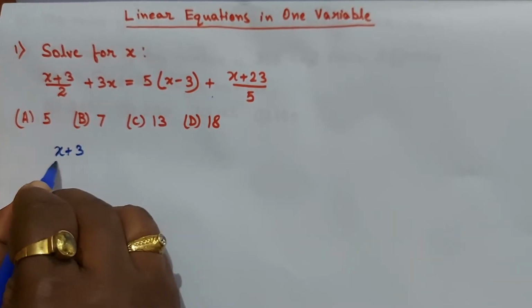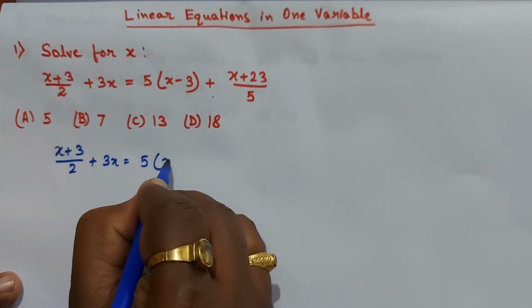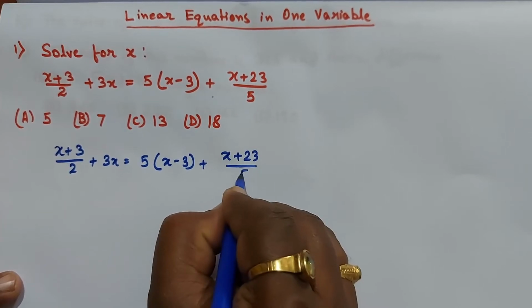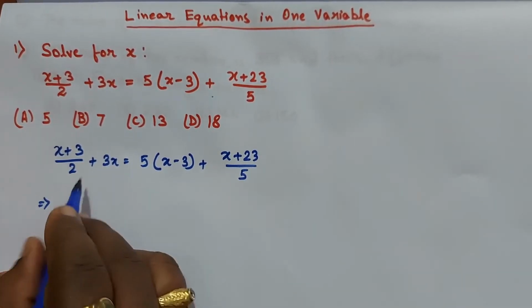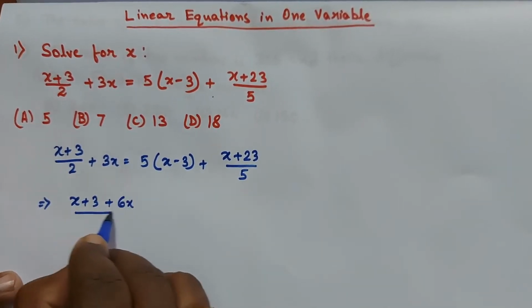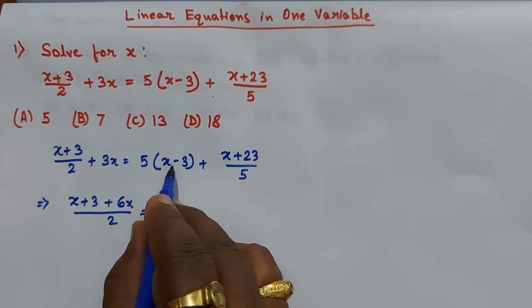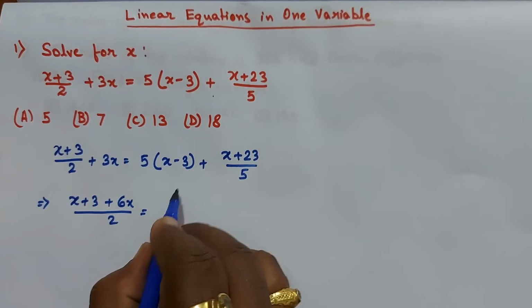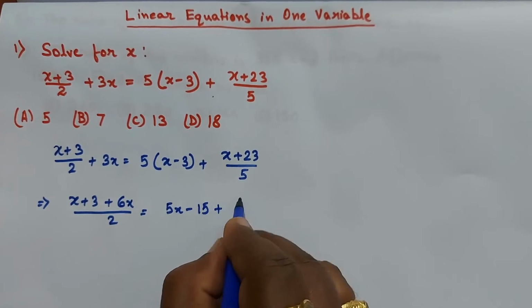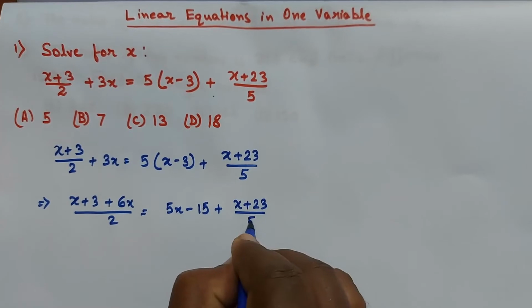(x + 3)/2 + 3x = 5(x - 3) + (x + 23)/5, or (x + 3 + 6x)/2 equals, if I do this multiplication, 5x - 15 + (x + 23)/5.